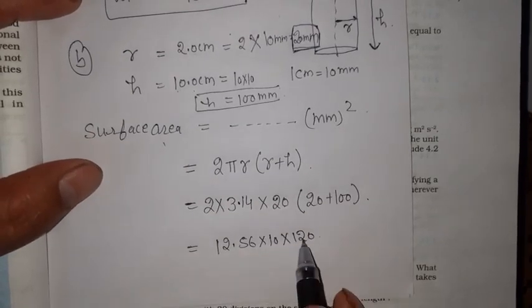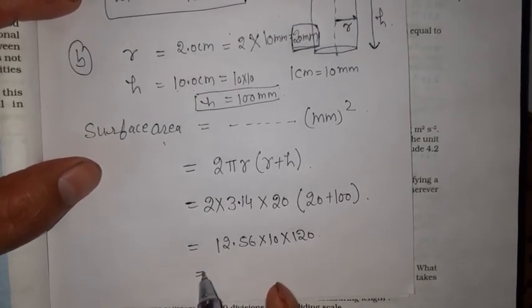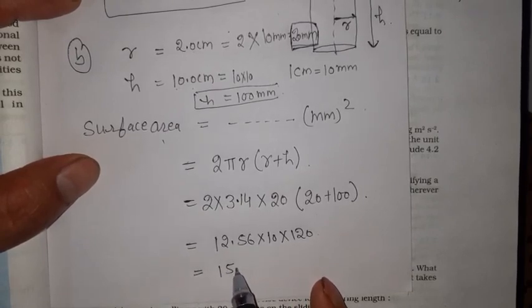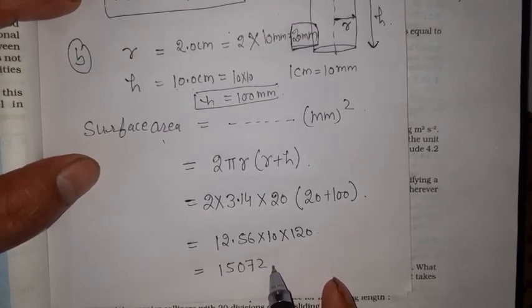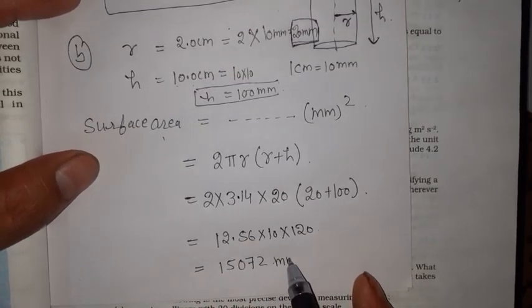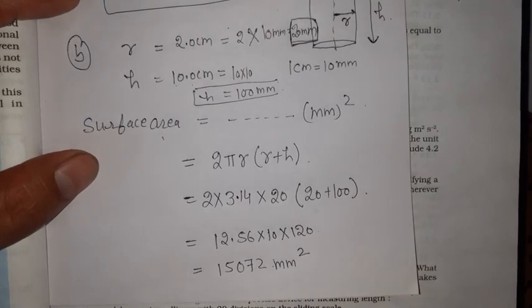Okay, so now student, when you multiply this and we get the answer, it is 15072. Okay, so this is the surface area, and it is in mm square.